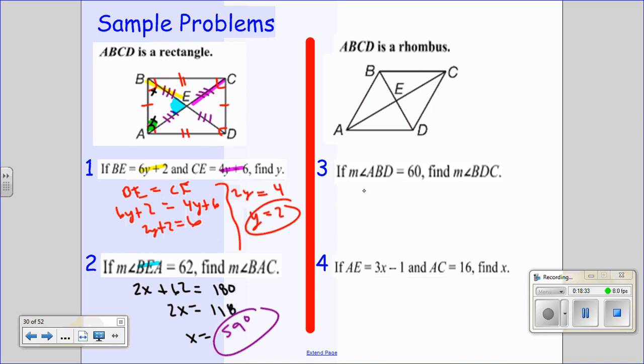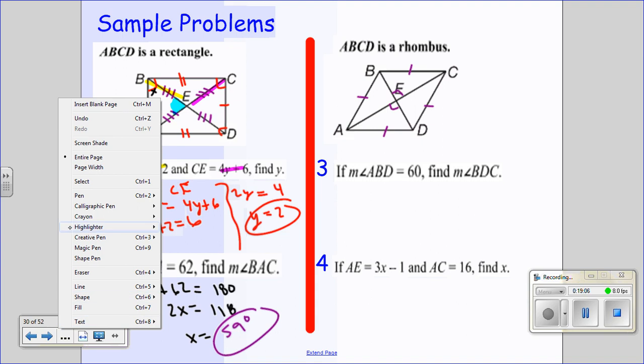Alrighty. So on number 3 and 4, we're going to use rhombus ABCD on the right. Since it's a rhombus, let's mark up all the information we know. We know that all four sides are congruent. We know that the diagonals are perpendicular. So there's 4 right angles, even though I'm only going to draw 2.